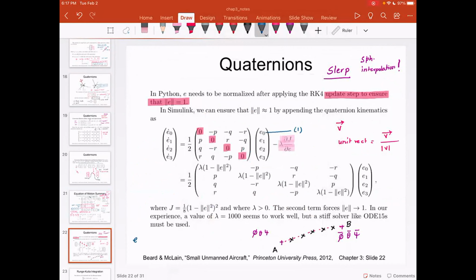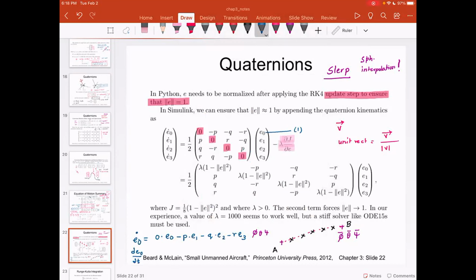So this equation is going to look like E dot is equal to 0 multiplied by E naught minus P multiplied by E1 minus Q multiplied by E2 minus R multiplied by E3. Now, E naught dot is nothing but dE naught divided by dt.